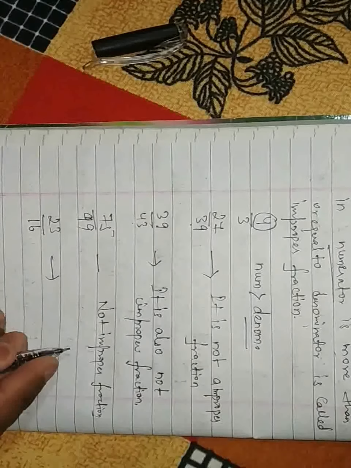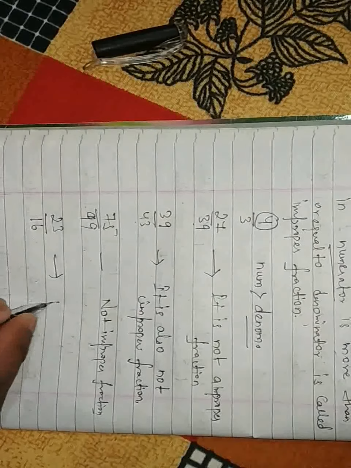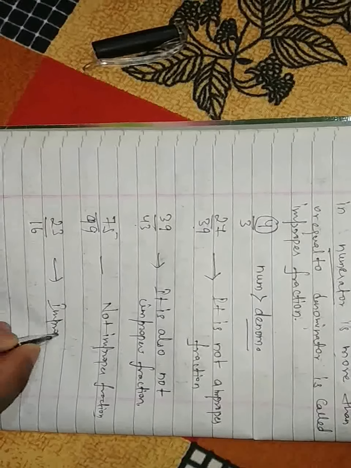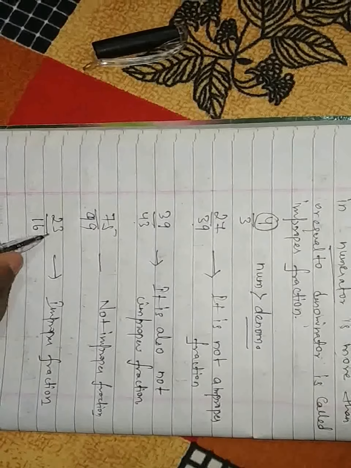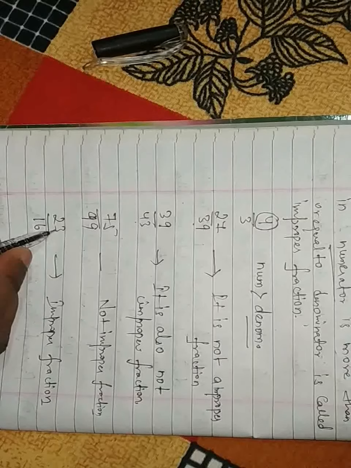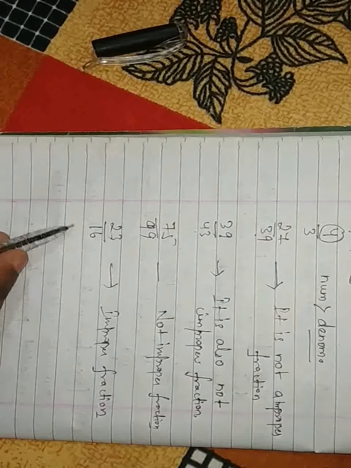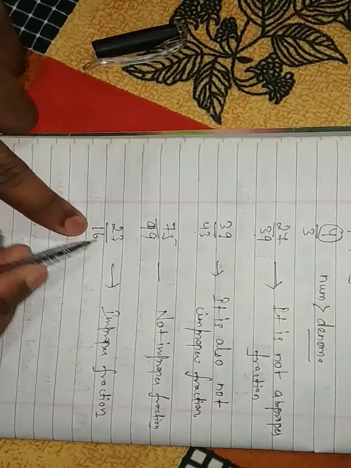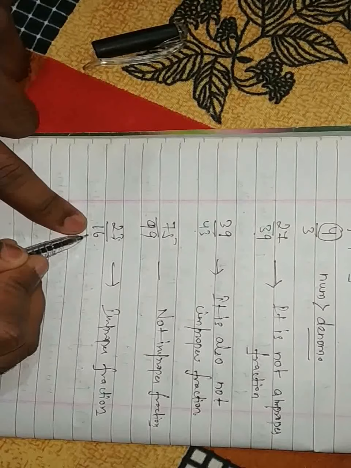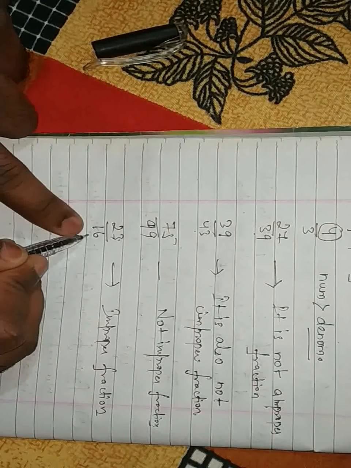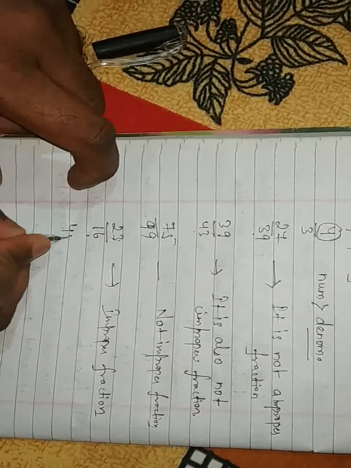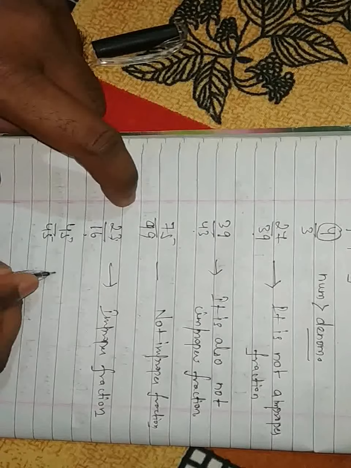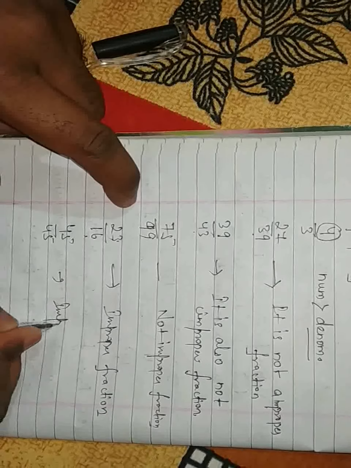This is an example of improper fraction as 23 numerator is greater than the denominator. So any fraction in which numerator is greater than denominator is called improper fraction. And 45 by 45, it is also an improper fraction.